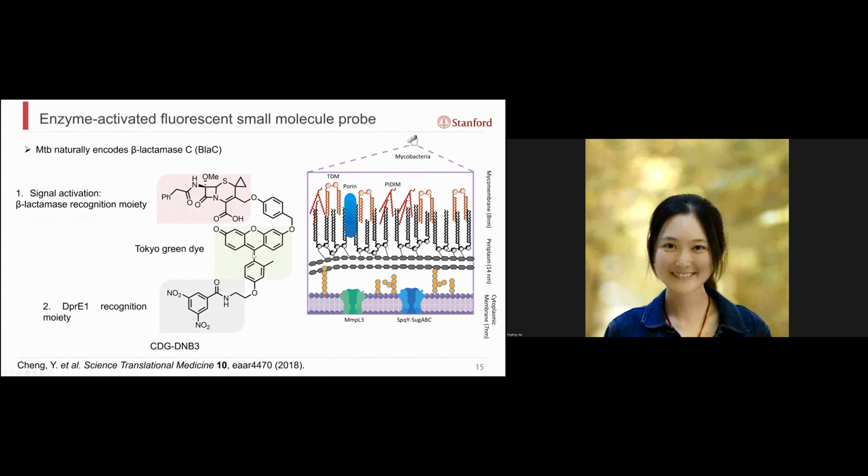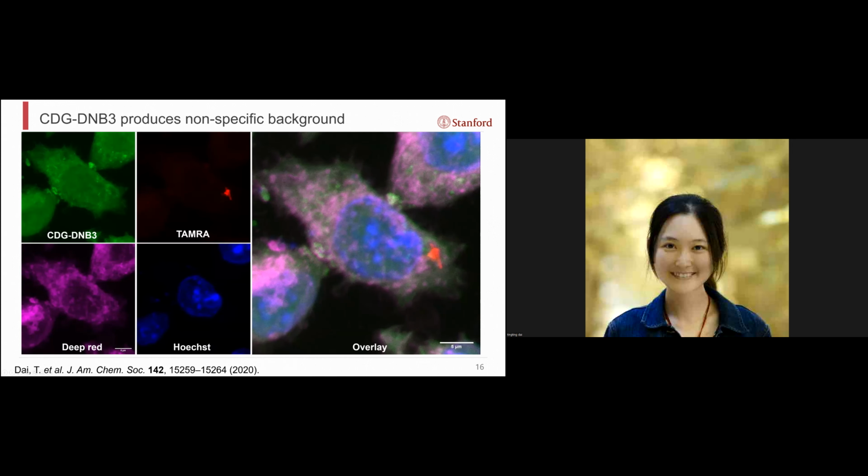This work has been demonstrated and reported in 2018, and indeed, we achieved more specific detection of the MTB. But when we used this probe in the intracellular environment, we saw a lot of non-specific background.